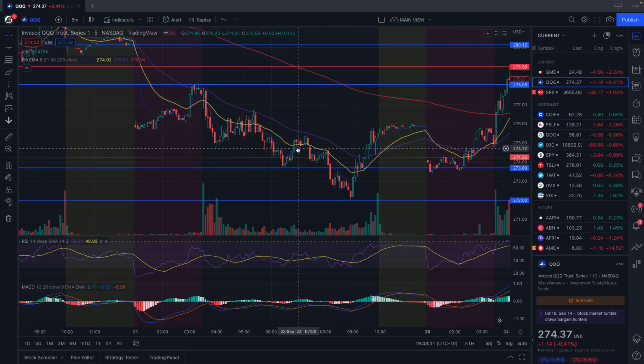Once the position's closed, I'm again just waiting for it to hit another level at this point. Bam, it hits right here. So at this point, I'm probably going to open a put option, and then I'm going to be waiting for it to hit the next level, 272. Whenever I see it reject here, we get the green candle, boom, I'm out, and then I may open a call.